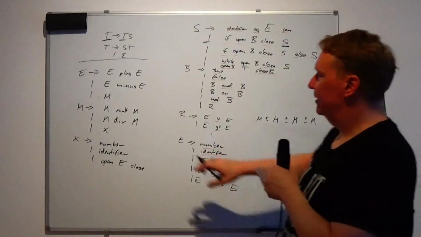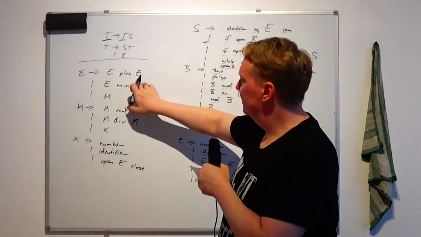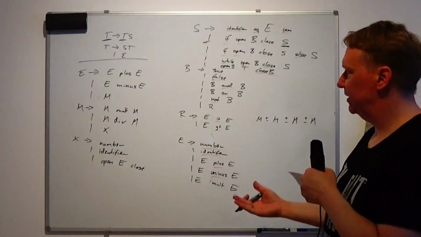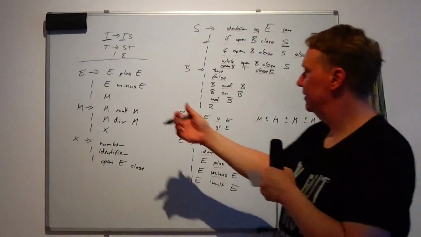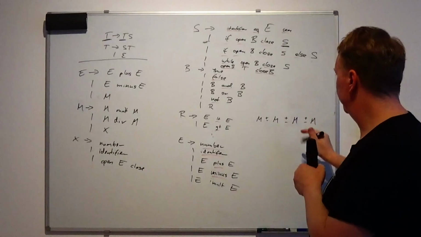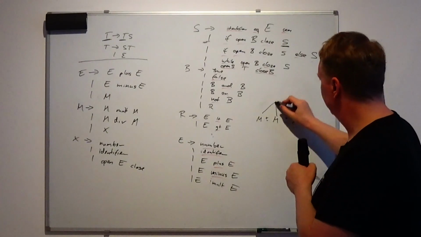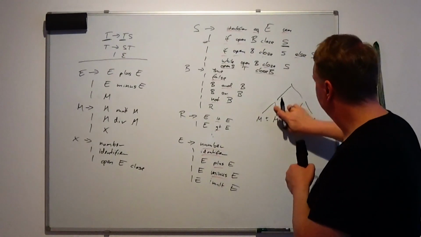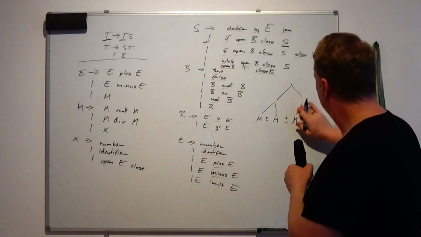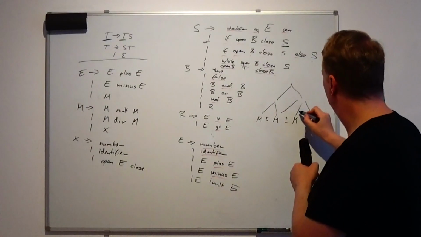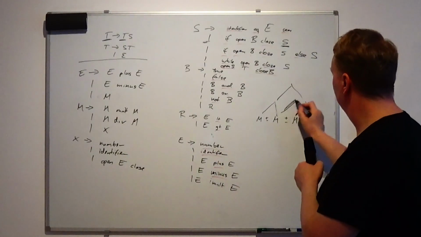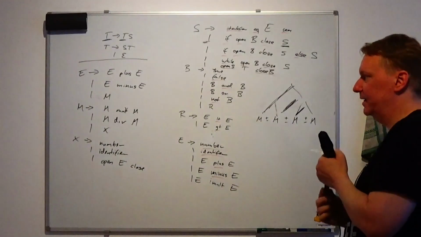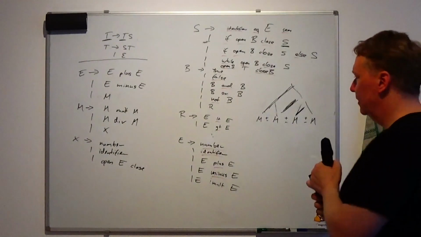And there really is no reason why both of these sides should be E's, because that just gives us some ambiguity as to the order in which we generate them. We could generate them like this, or we could generate them like this. That's just not necessary.